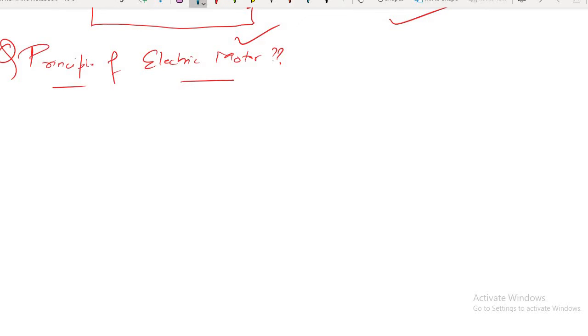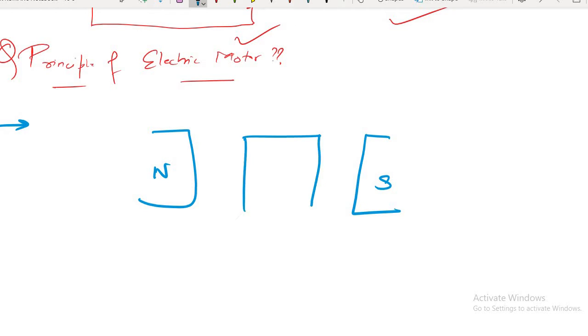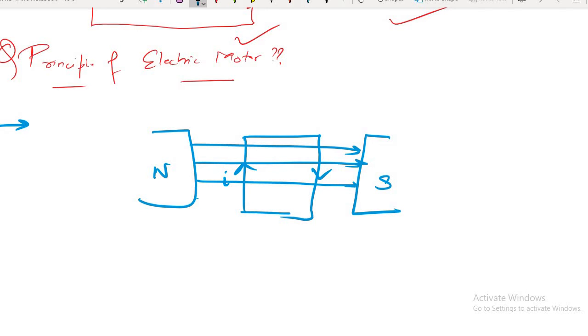See here, why do I use the word perpendicularly? Suppose this is the north pole and this is the south pole of a magnet, and this is the current carrying coil that you are talking about, in which the current is flowing in this direction, and this is the uniform magnetic field. Can you see the diagram?